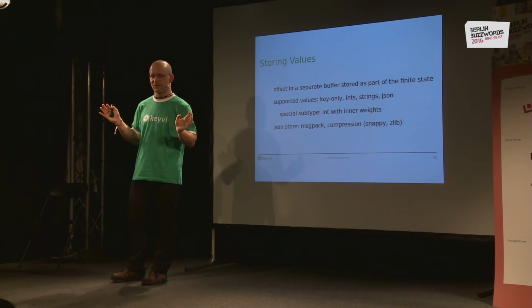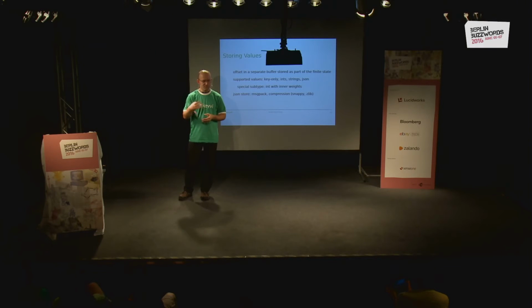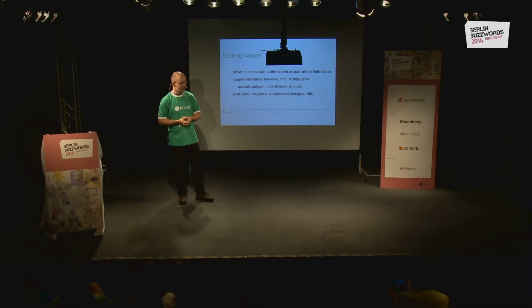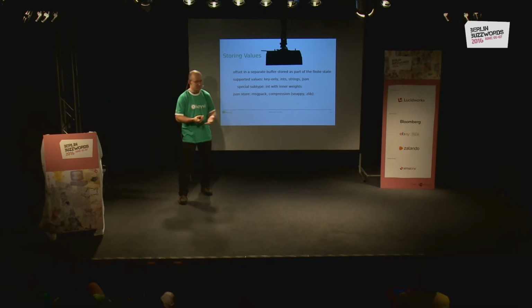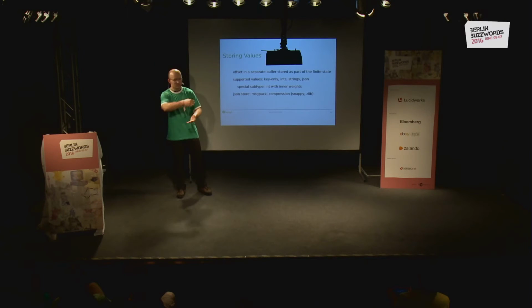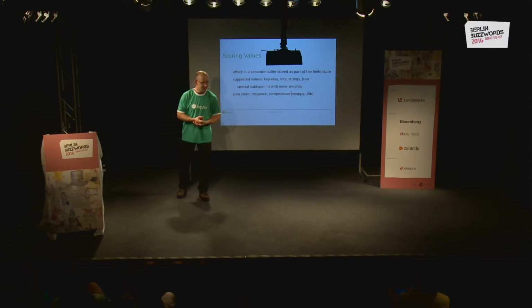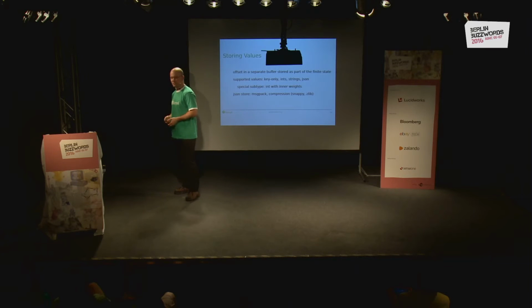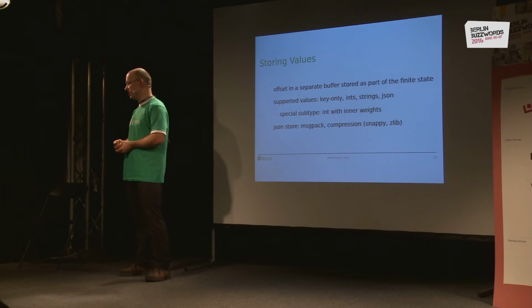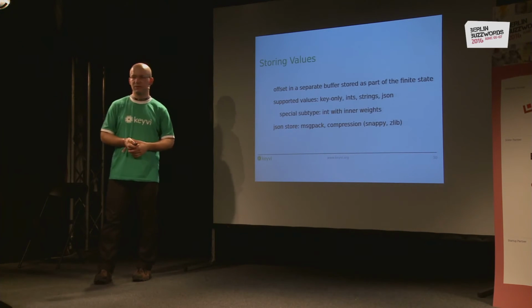That's exactly the completion case. You're starting with FA, and you want to have the most relevant completion, which would probably be Facebook, and you don't want to traverse the whole thing, but you want to have it efficiently. Then for that you need something like inner weights. Of course, we are not storing JSON as is, but using some clever compression with MessagePack, which is a binary representation. We can put Snappy, zlib, whatever on top.